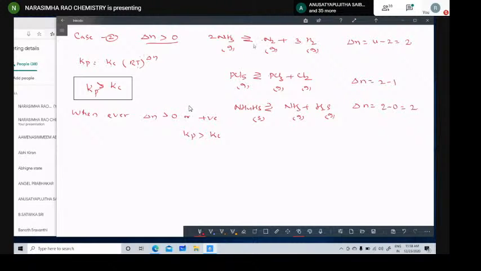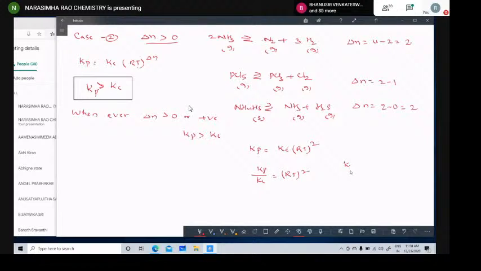I am writing the relation between these two for this reaction. Kp is equal to Kc (RT) whole square. Now, Kp upon Kc is equal to (RT) whole square.